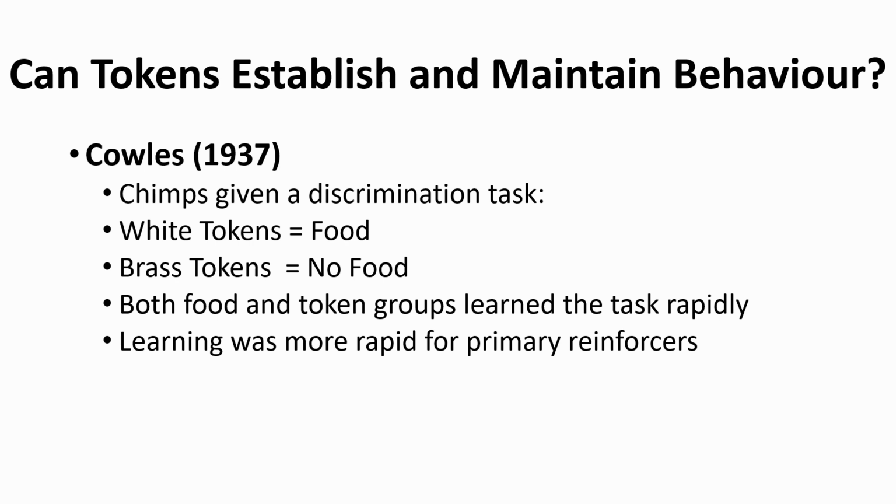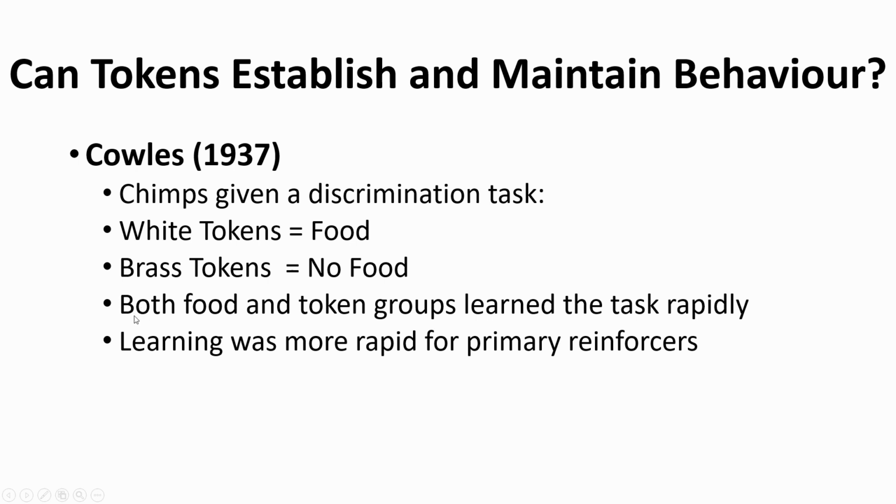The chimpanzees were given the discrimination between white tokens, which were associated with food, and brass tokens, which were associated with no food. If they reached for the white tokens, they could receive food, or they could just receive white tokens that they could later exchange for food.